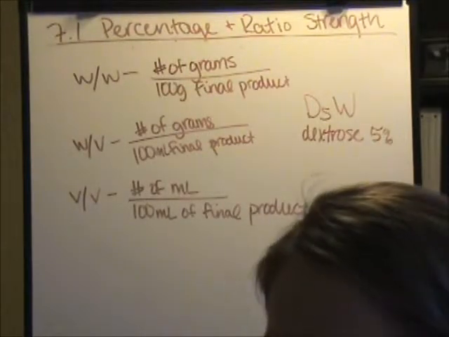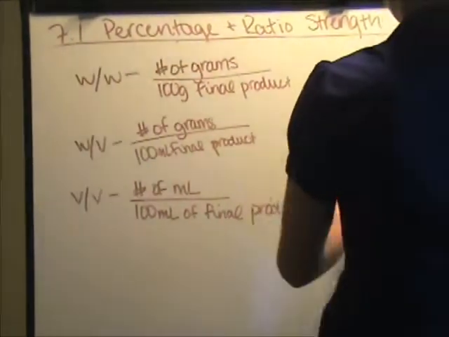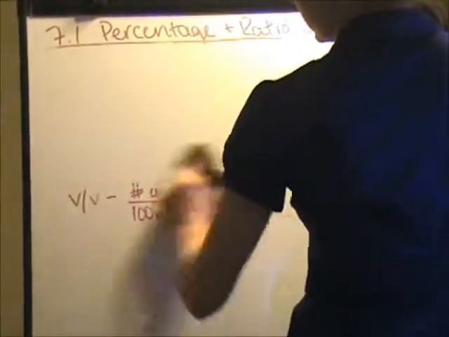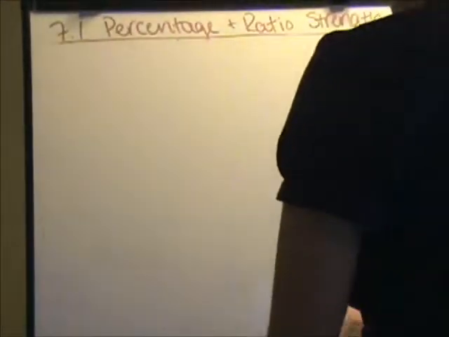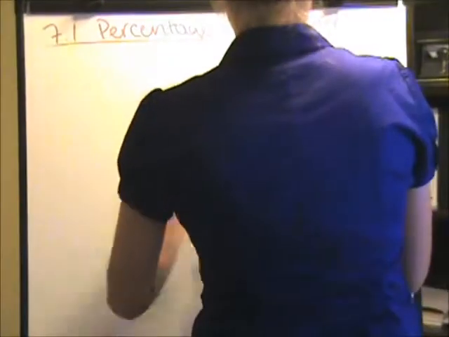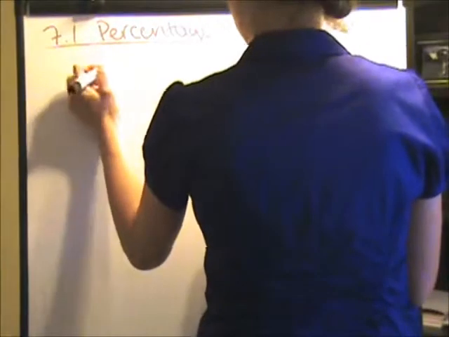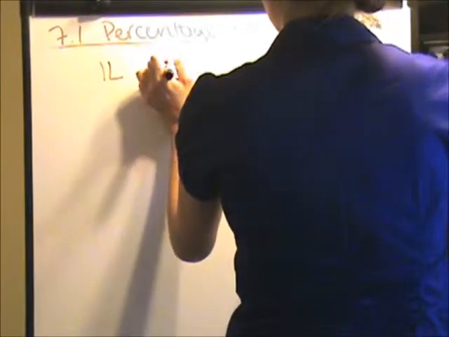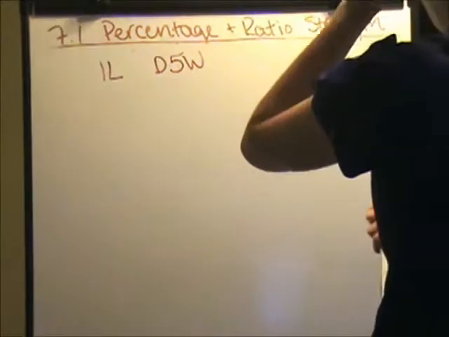Example 7.1.5. These formulas are on page 178 for reference. And example 7.1.5, how many grams of dextrose are in 1 liter of dextrose 5% in water.